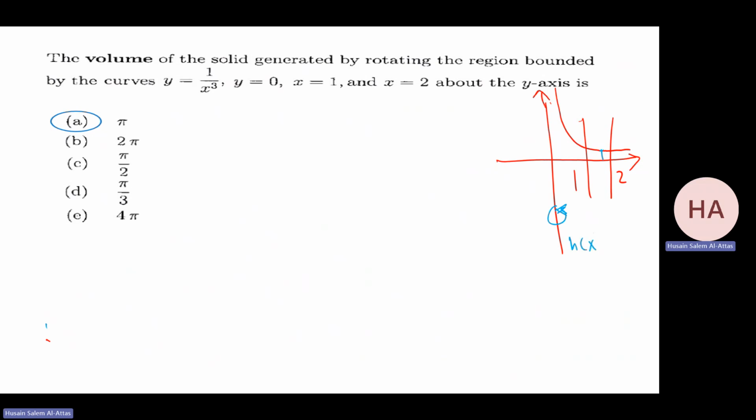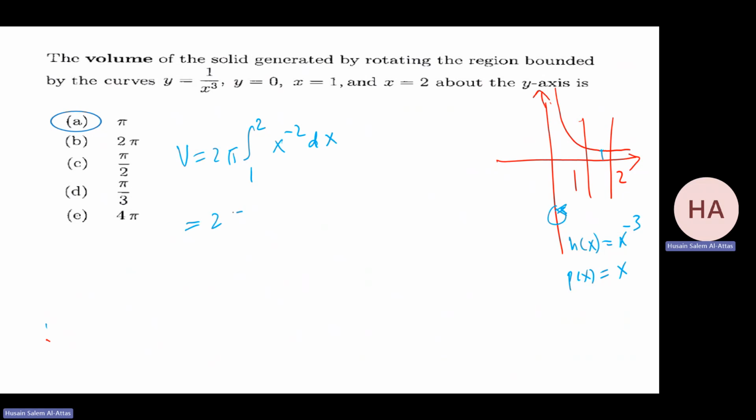h of x will be the function, x to the power minus 3, and p of x will be x. So the volume will be 2 pi from 1 to 2, this times this, x to the minus 2 dx.